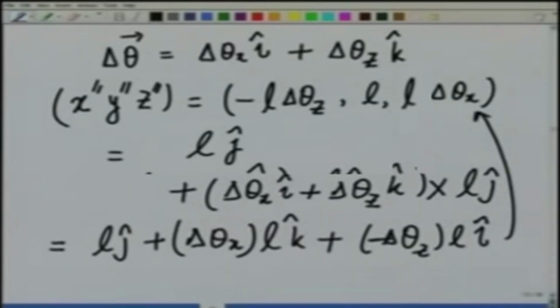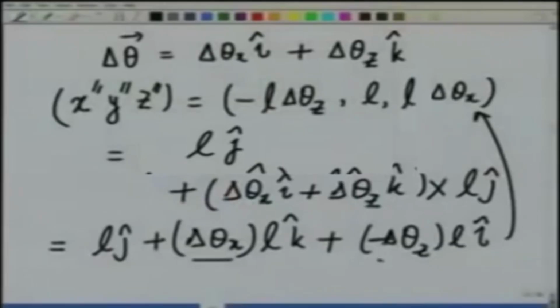So, what we understand is that when I apply very small rotations, the rotations commute and I can represent them as vectors. Although I took here the example of delta theta x and delta theta z, which are rotations about the x and z axis, I could have chosen any other combinations and shown that even if I apply a third small rotation about the y axis, they will all commute.